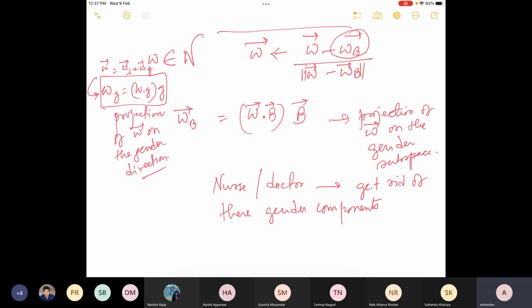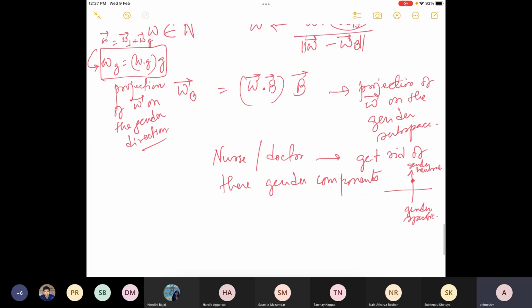Okay, and they come on the gender neutral axis. Fine. So this is what you do to remove the gender stereotypical words to make them gender neutral.